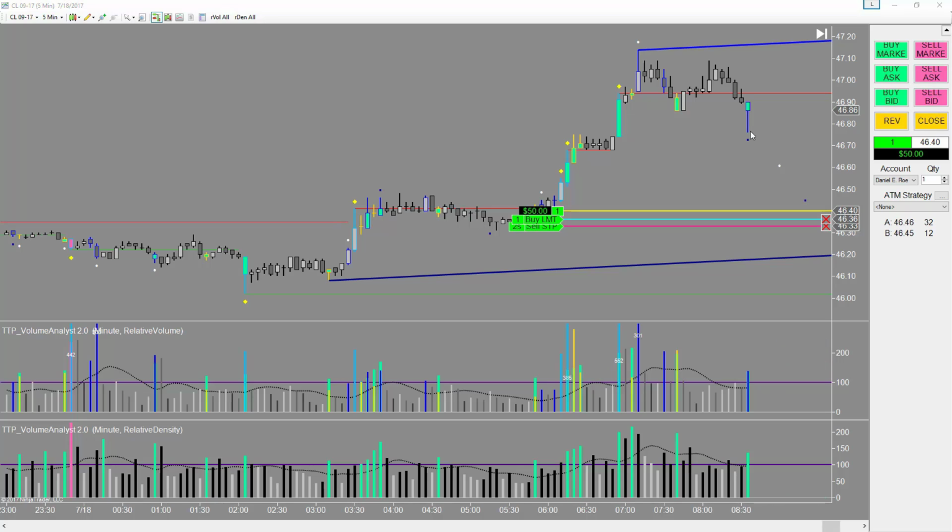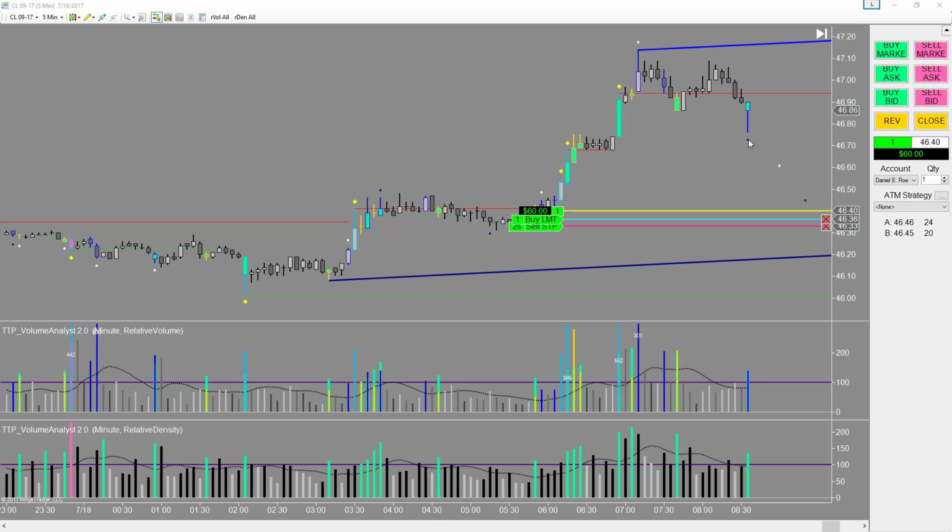And it's the high density that's telling us that we have demand coming in at this low. And you can even see that as the bar closes up off of its low. Yes, you've got a wide-ranging high volume bar, but the volume is so high relative to the range of the bar that it's even very high volume per range.